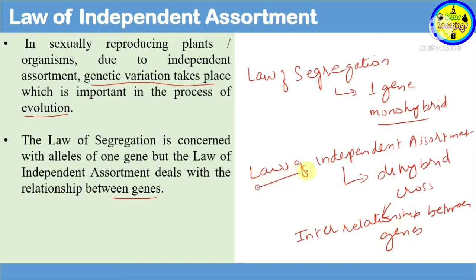So remember that law of independent assortment is implied by dihybrid cross, law of segregation is implied by monohybrid cross.